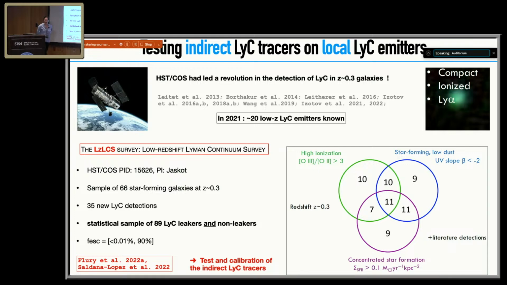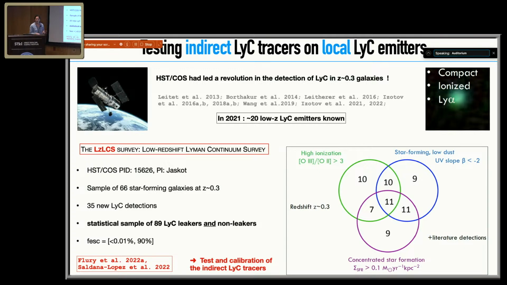survey is actually a large program, a Cycle 1 large program, which is targeting 66 star-forming galaxies at redshift 0.3, so local galaxies. Those galaxies have been selected to be likely analogs of high-redshift galaxies, and also to span a large range of different properties, in O32 ratio, UV slope, and concentrated star formation, and also include some previous detections from the literature.